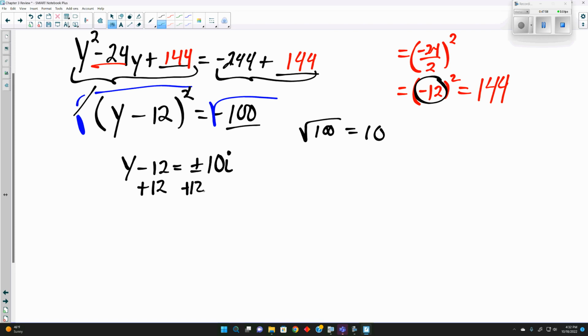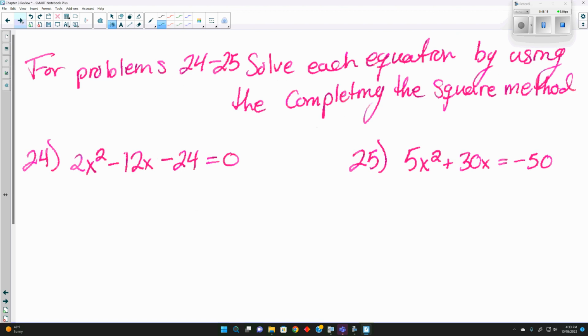Our next thing to do is add 12 to both sides to get y by itself. And it tells us y is equal to plus or minus 10i. And that is our final answer. That's all we have to do on those there.